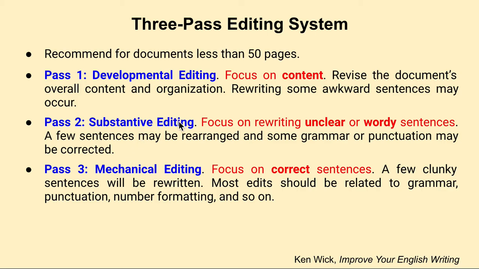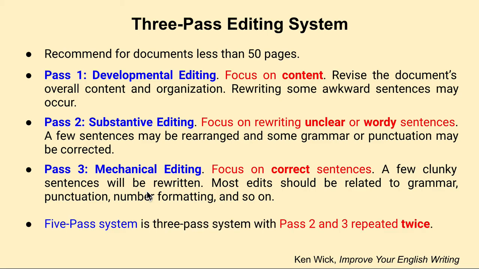You will find yourself coming back and probably rewriting a few awkward sentences that need to be redone. You're probably not going to make every sentence perfect, and as you're reading, you'll find, oh, I can rewrite the sentence this way and it'll be clearer or more concise. But your focus should be on the mechanical editing.